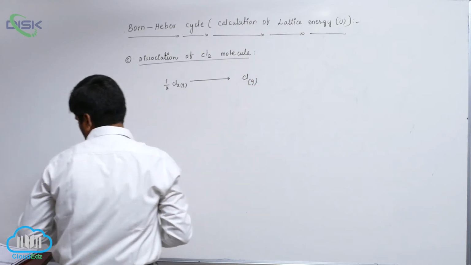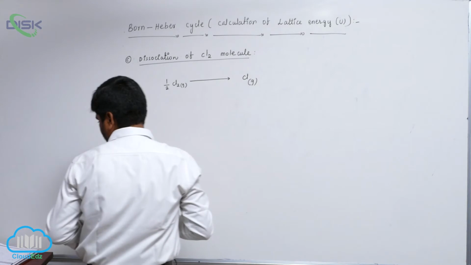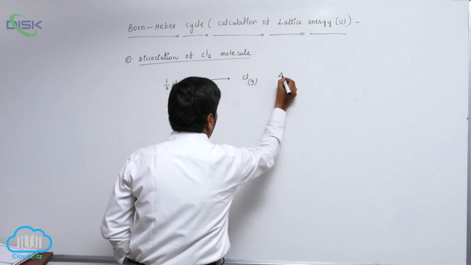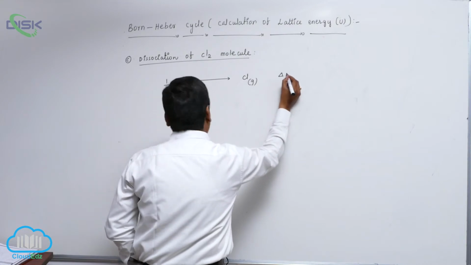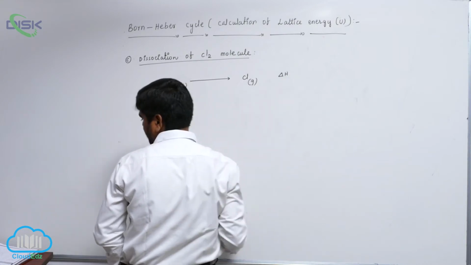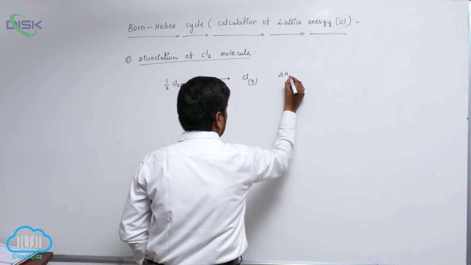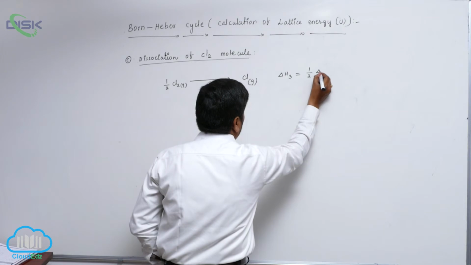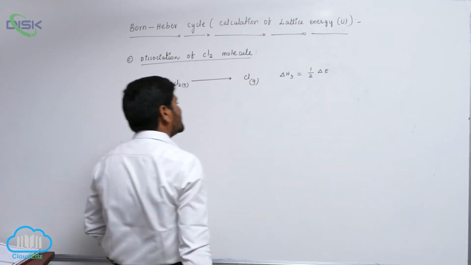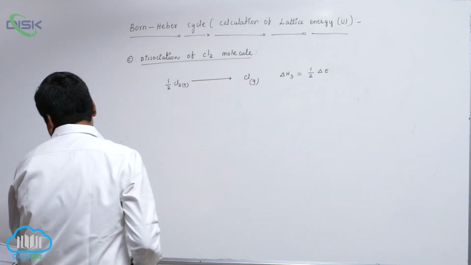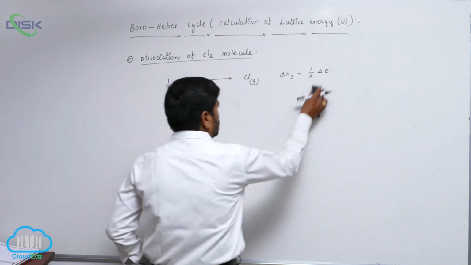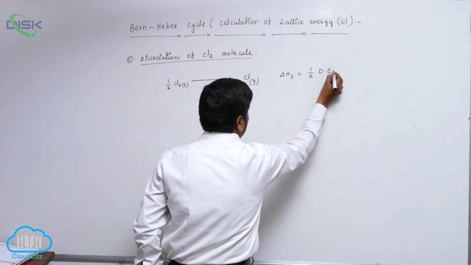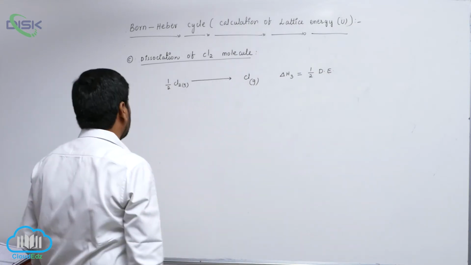Chlorine gas. Here some amount of energy is utilized, that is delta H3 equals 1 by 2 dE. What does dE mean? Dissociation energy.